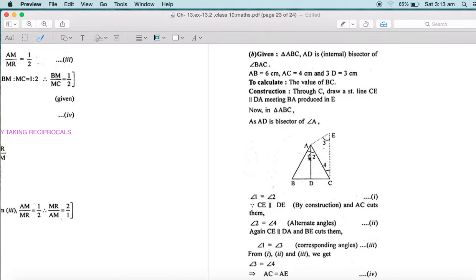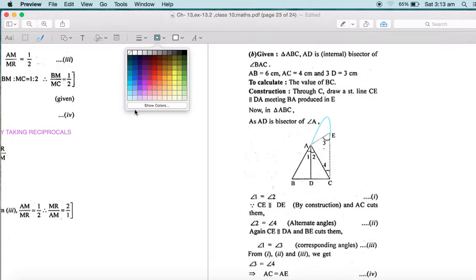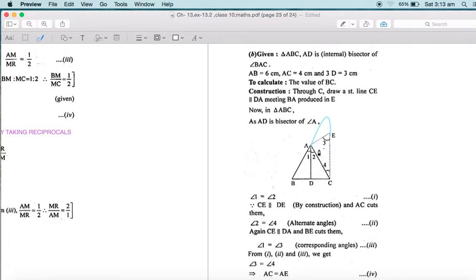So to the given line AD, we will draw a parallel line CE and then we will produce this line to meet at a point. Let this point be E.